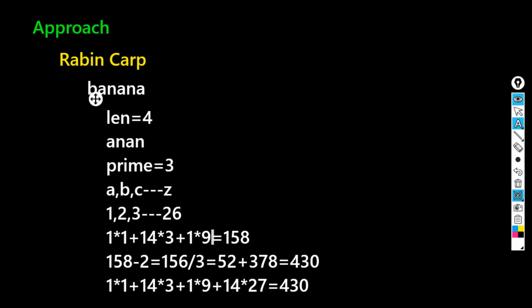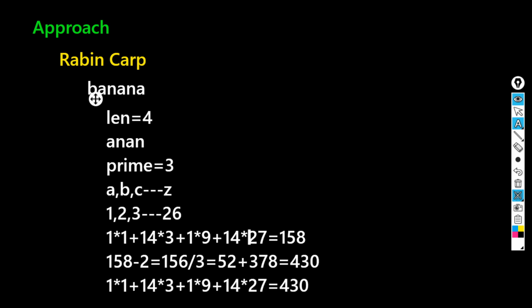Then we are adding 14 multiplied by 3 to the power 2, which is 27. So ultimately it is converting this to this without using more steps. So we will use this Rabin Karp method for making the substring values.